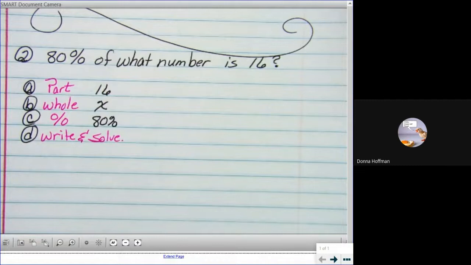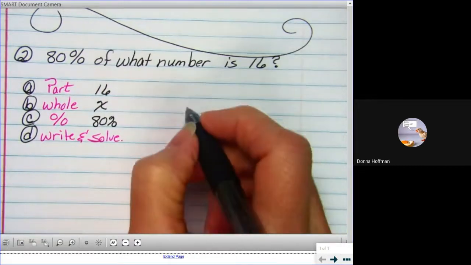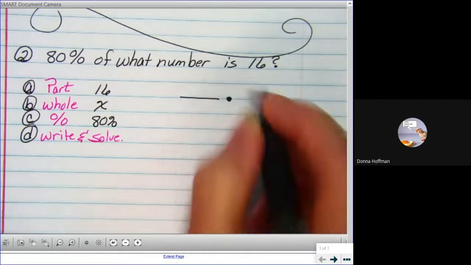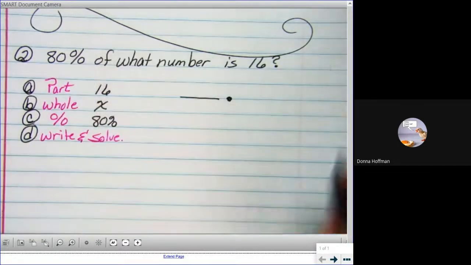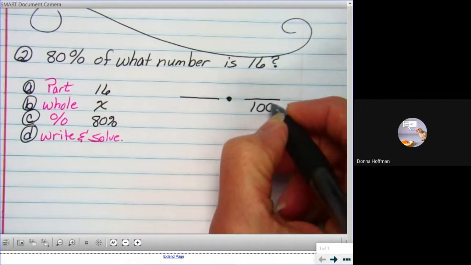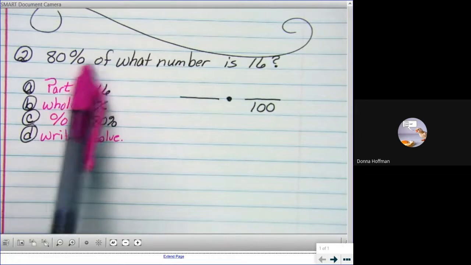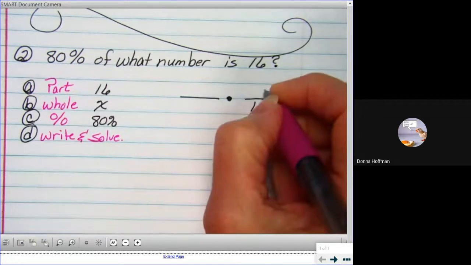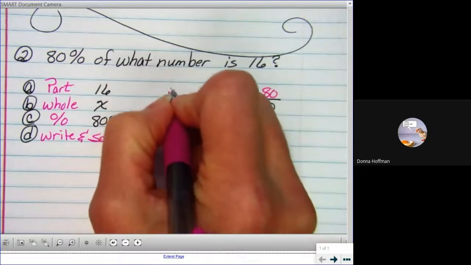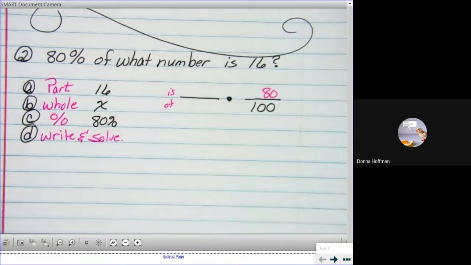Okay, now I set up for my formatting and I can put my pieces where they belong. Oh, no, no, no, that's got a percent symbol by it. That means 80 out of 100. So that tells me I've got a percentage there. I can plug that number in here. And this is the is, and this is the of. So what goes where?